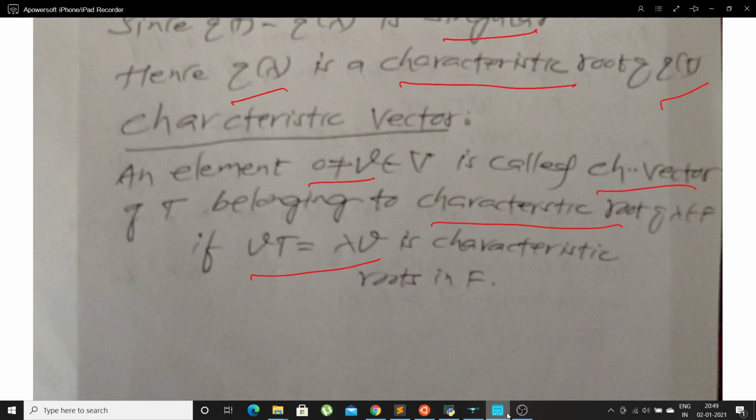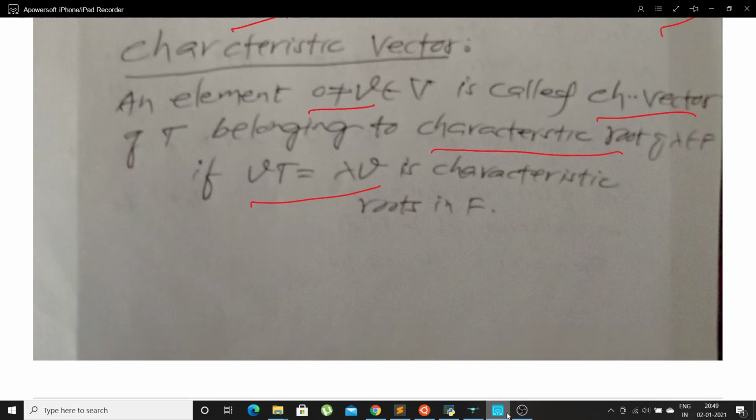Let me clear one point. To define the characteristic vector, we need a vector, and for each vector we have a scalar. To define a characteristic root, we need a scalar, and for each scalar we have a vector.